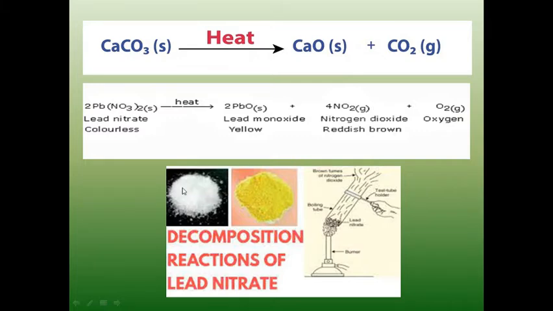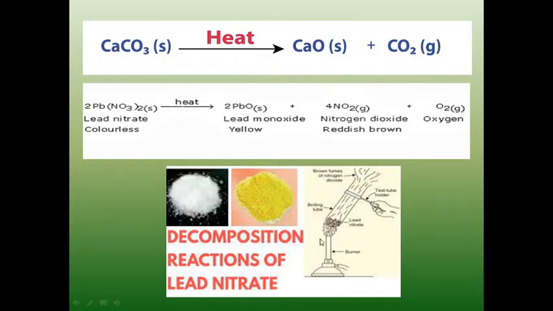I must tell you that lead nitrate is a colorless compound, and on heating it decomposes into three products, one of which is lead monoxide, which is yellow in color as shown here in the picture. So this yellow substance is lead monoxide, and again this activity can be easily done in the laboratory.